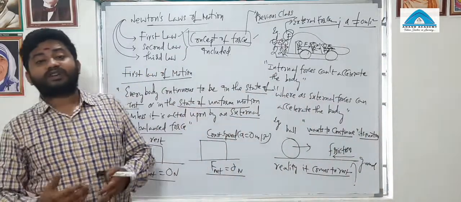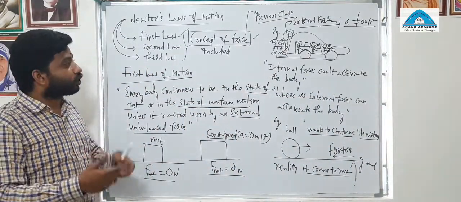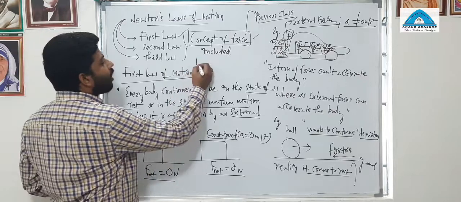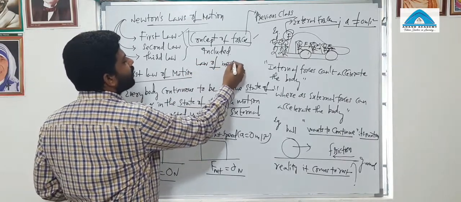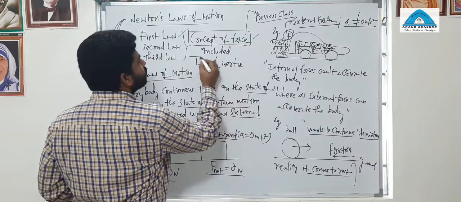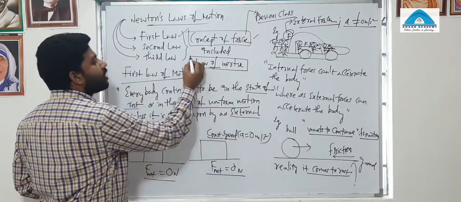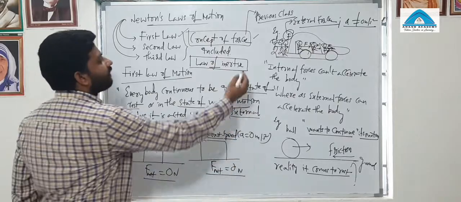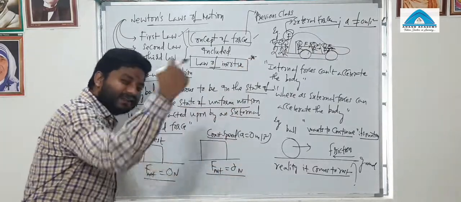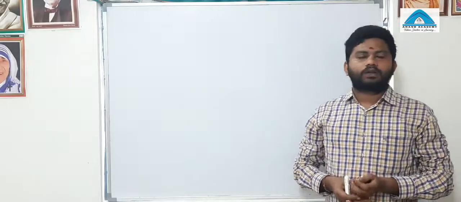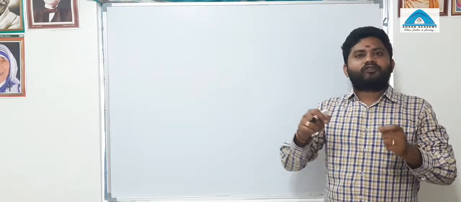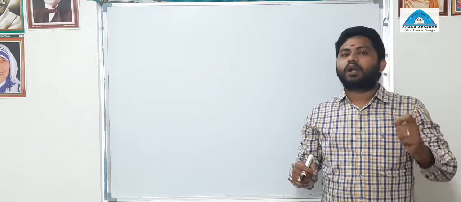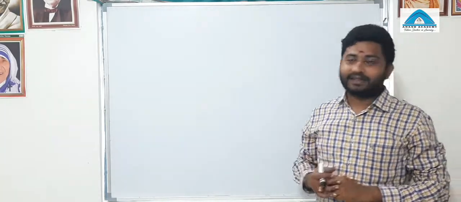So Newton's first law of motion is also called the law of inertia. Look at here. So what is meant by inertia? How many types of inertia will we be discussing right now? So my dear students, what we have discussed, Newton's first law of motion is also called the law of inertia, and let's see about it.